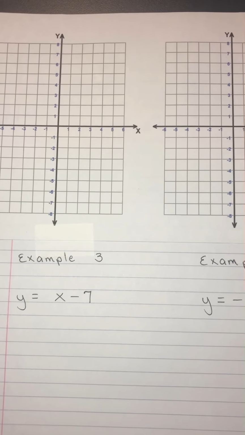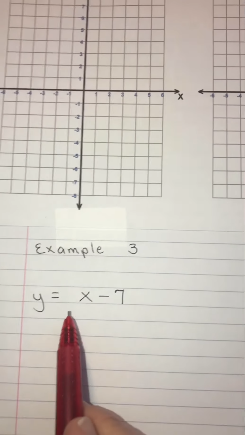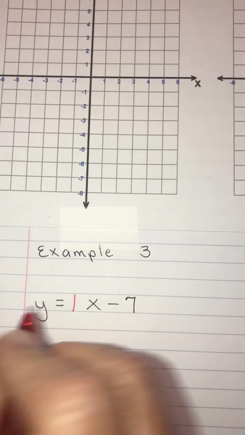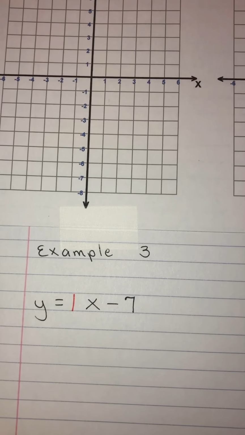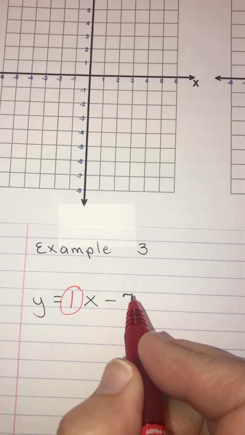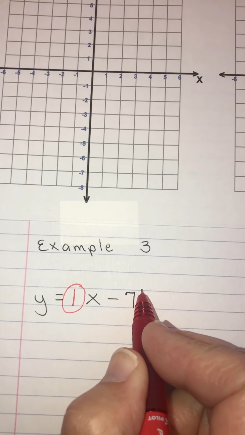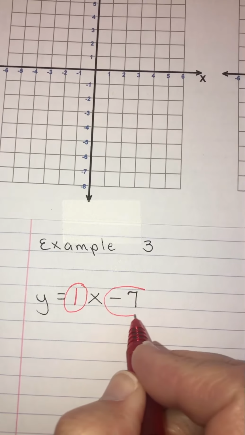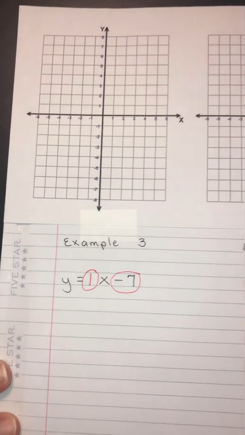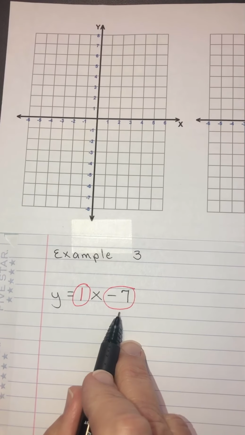So what I'm going to do is remind you that if there's nothing in front of that x, it's going to be a 1. So in this problem, the slope is 1. And the y-intercept is negative 7. So when we look at that, we see that our y-intercept is negative 7.